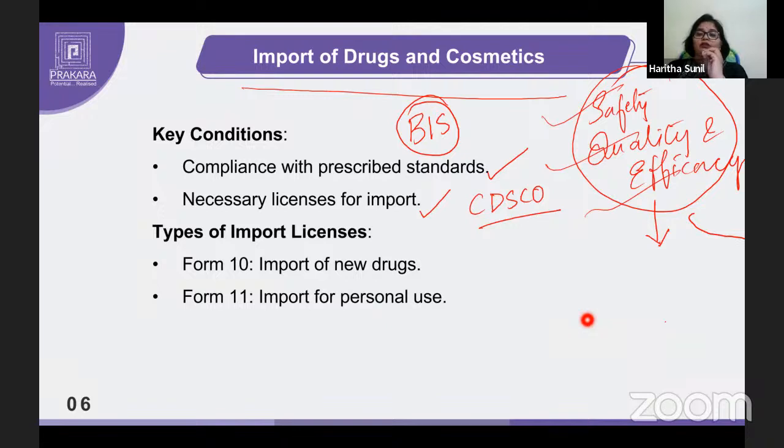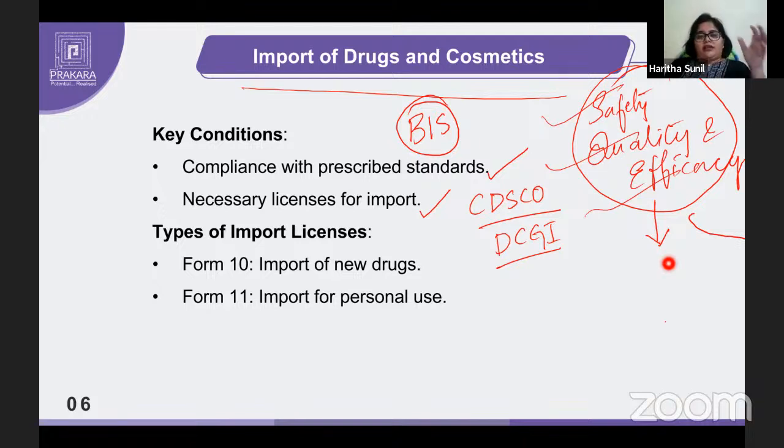First, they should submit an application to the DCGI, the Drug Controller General of India, along with the required documents such as product details, manufacturing certifications, and test reports. Everything has to be included with the application, and it has to be given to the regulatory authority, right?